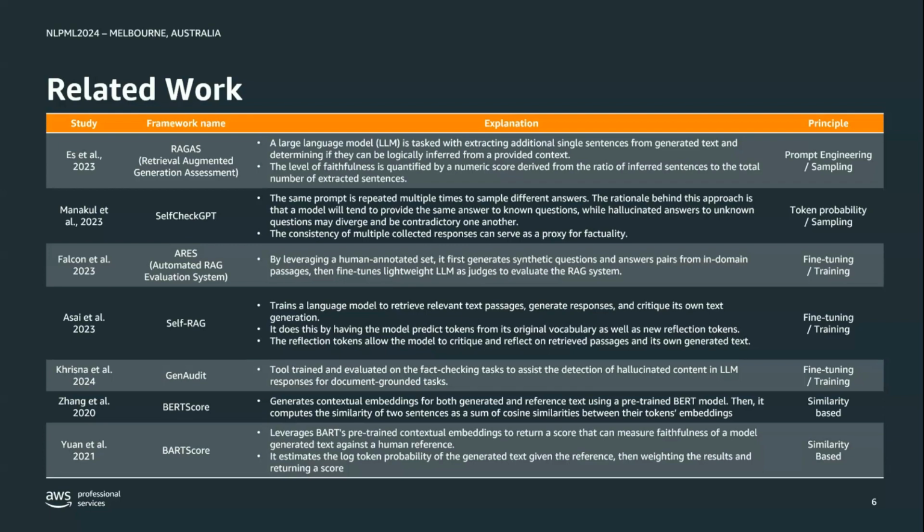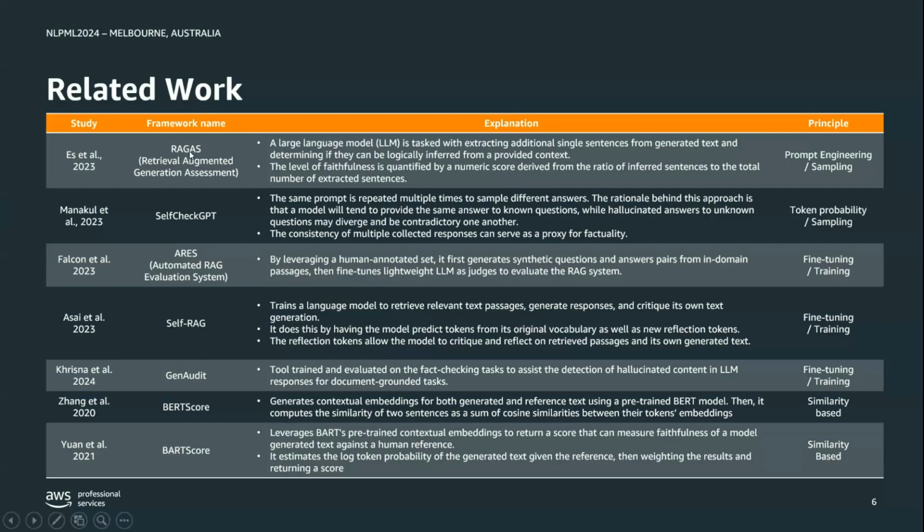The idea is that we repeat the same prompt multiple times and sample different answers, and based on their weighted probability we can assess whether they might be hallucinated, because factual responses might be repetitive, so we might obtain the same probability distribution as output. But hallucinated responses might be different from one another, they might be contradictory, they might diverge, and so we can observe this through the probability associated to each token.